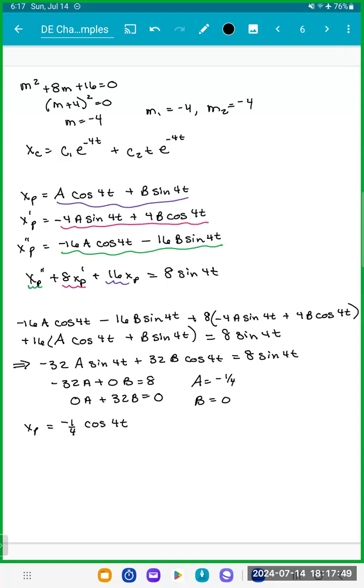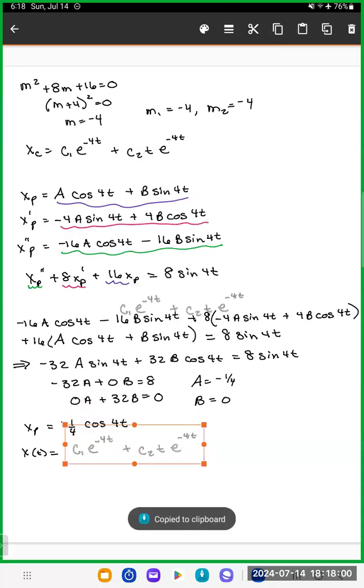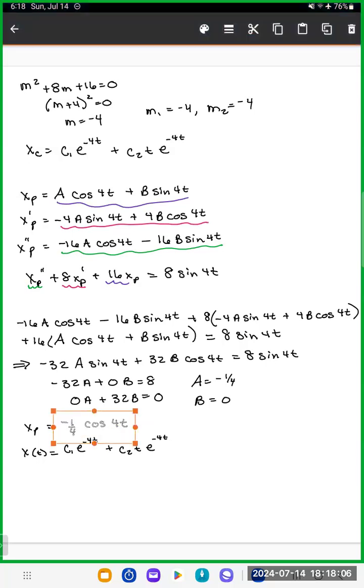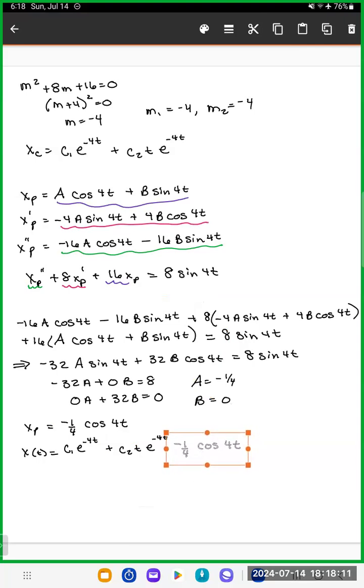Okay. So when we put that into our general equation, we get that x of t is equal to our x sub c function plus our x sub p here.